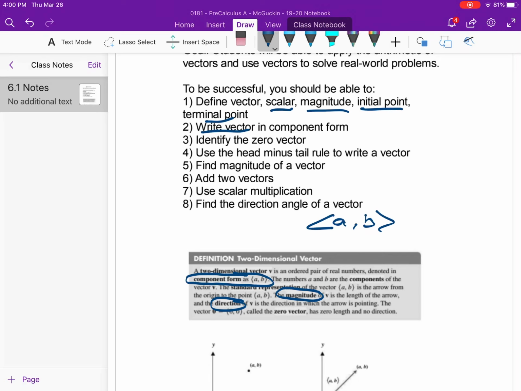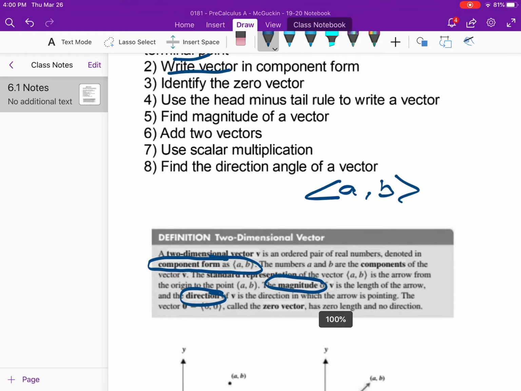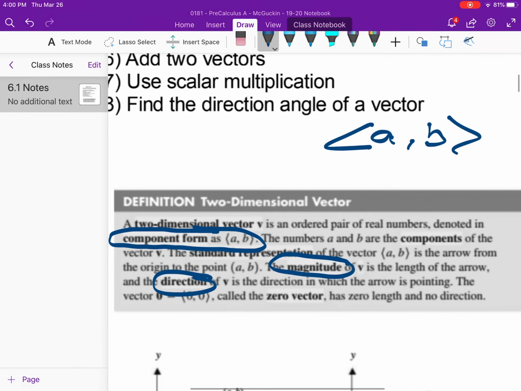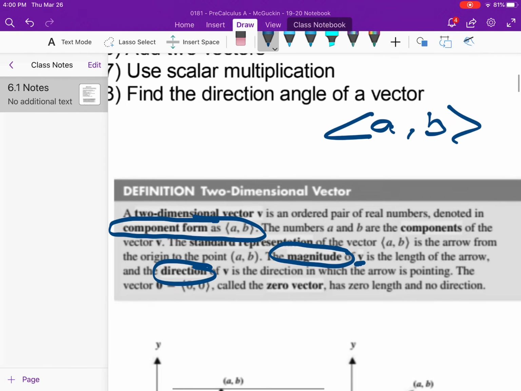The magnitude, we always denote with a lowercase bolded v, and that is the length of the vector. And then the direction, as we talked about before, is given by our component form.